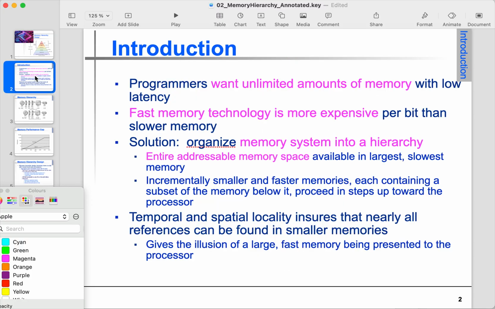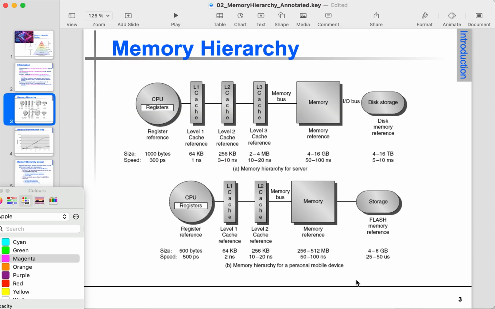So let's see some illustrations of these memories, of the memory hierarchy. As we mentioned, the fastest and the best available memory that we have are the registers that are sitting inside the CPU.